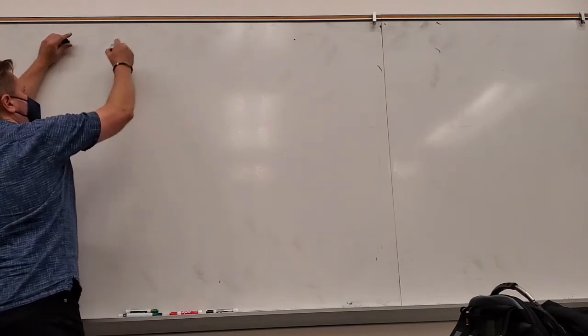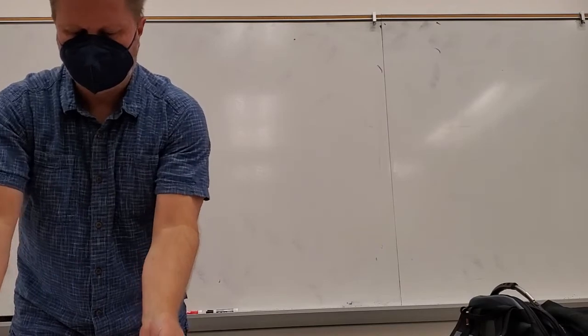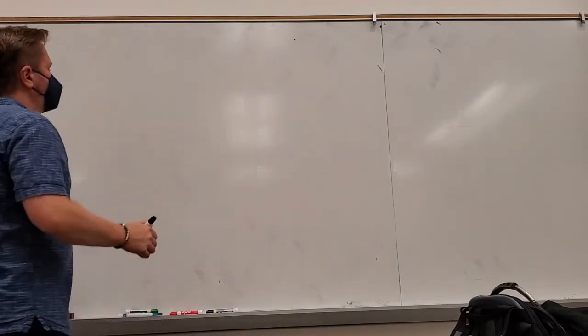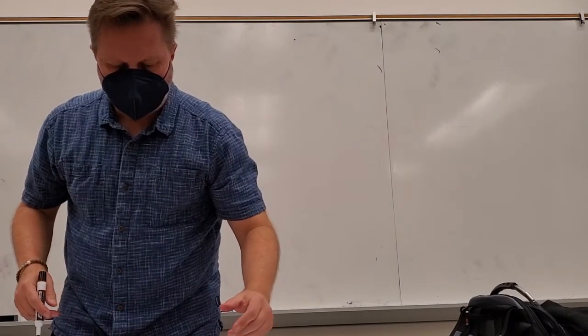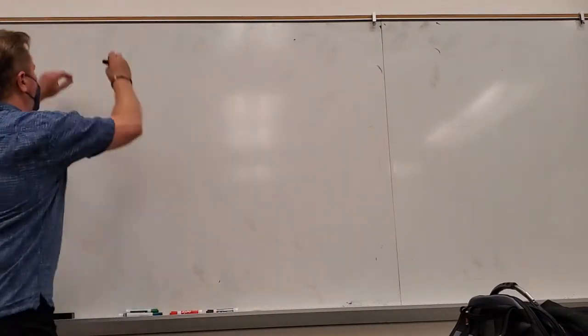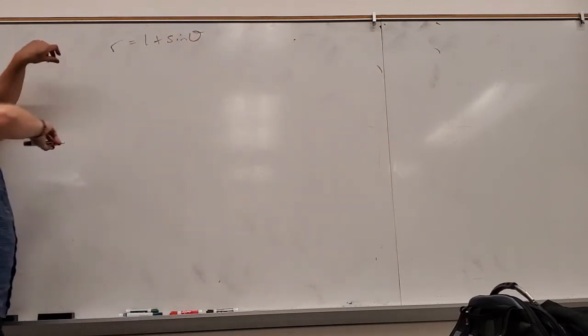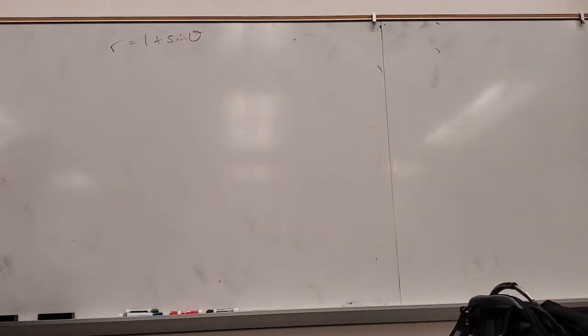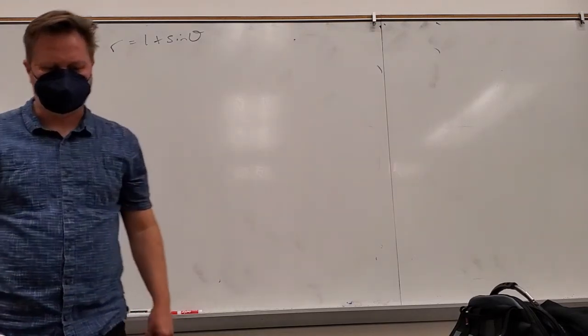So if I had something, how do I wanna say this? Let me give an example. Let's say r is 1 plus sine theta, and I wanna know the derivative, I wanna know the slope of this thing.